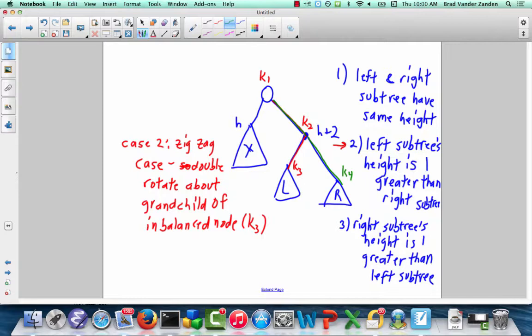Doug? Rotate about K2 once. Very good. So case 3 is a zig-zig, and we do a single rotation about the child of imbalanced node.